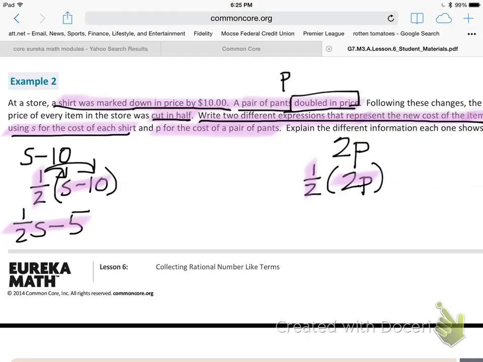Now for the pants, same thing, and here we have the multiplicative inverse: of 2 is 1/2, and of 1/2 is 2. Therefore, we know this is going to be 1P, more popularly known as just good old P. So we have two ways of expressing the new prices using expressions. Really super helpful in life. It truly is.